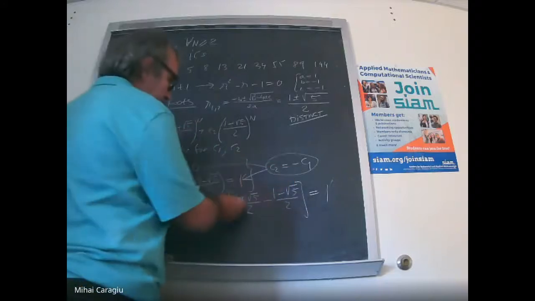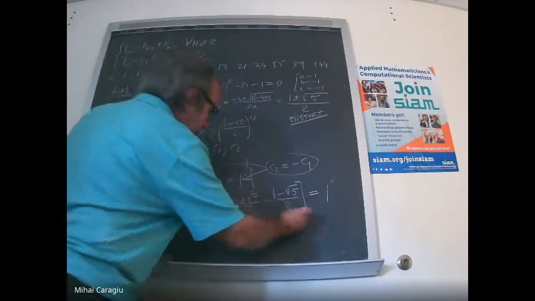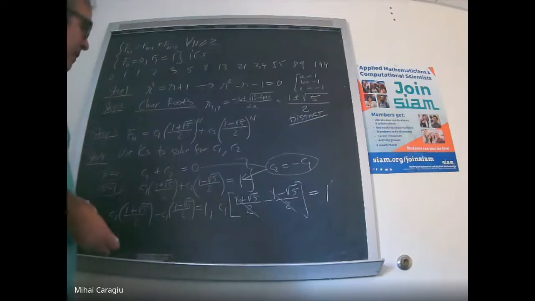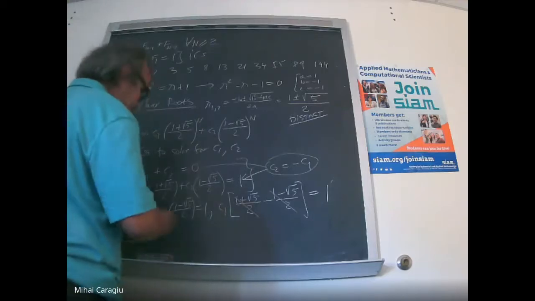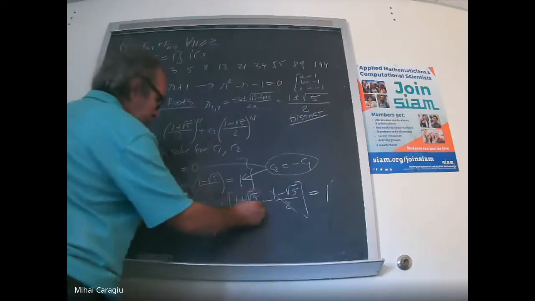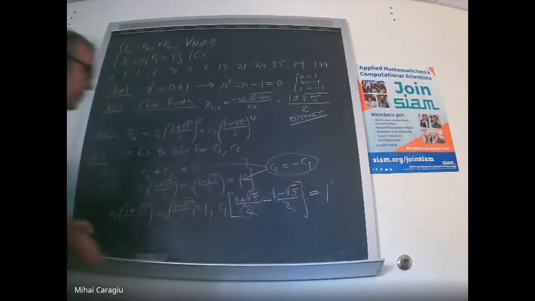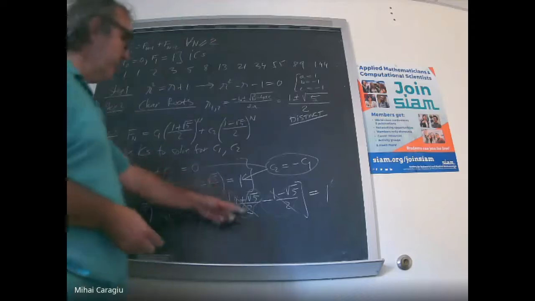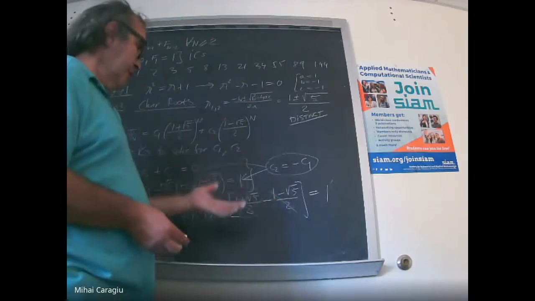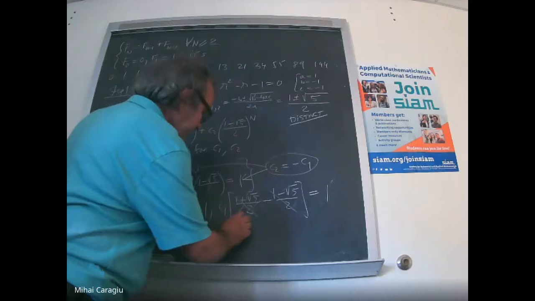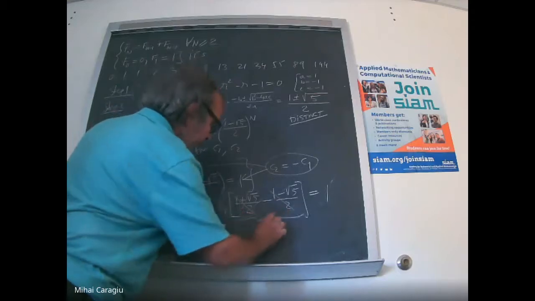Inside this bracket, 1 over 2 minus 1 over 2 simplify, and we are left with square root 5 over 2 plus square root 5 over 2, which is square root of 5.